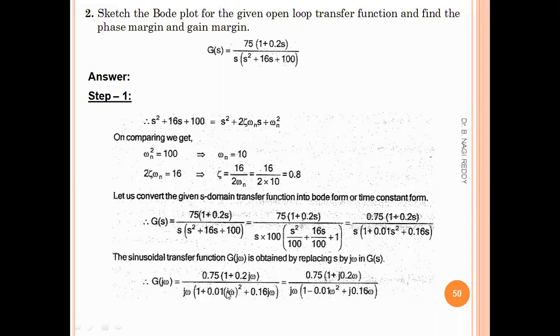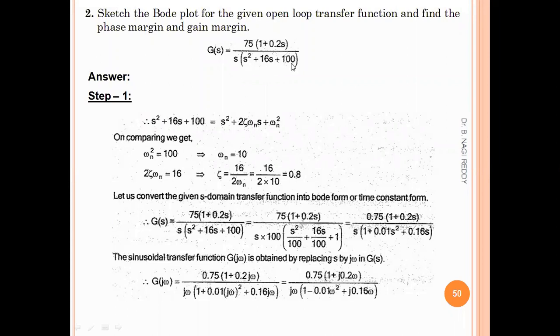So you can see here it is (j omega) whole square, so j square is nothing but -1. So that's why the simplified version for this expression is 1 minus 0.01 omega square. Here j square is written as -1, because j square is nothing but -1, right? So it is simplified like this.